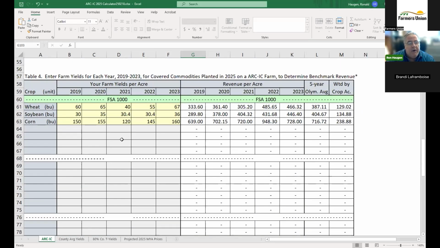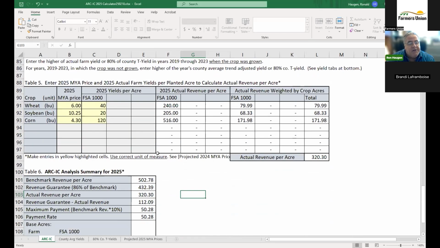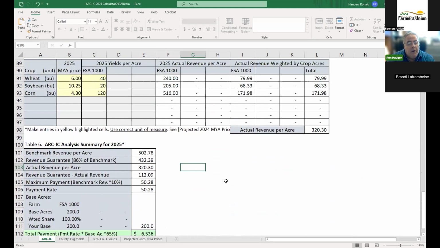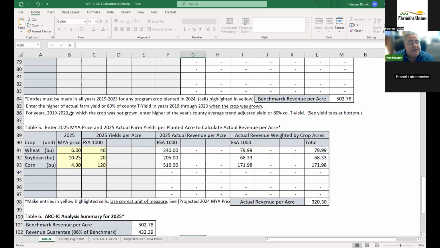If you're in a really dry county, maybe you could predict something less than average. It also works very well, like Randy said, if you didn't get your crop planted at all one year, if you had all prevent plant. When the crop was not growing, you need to enter your T yield or your 80%.